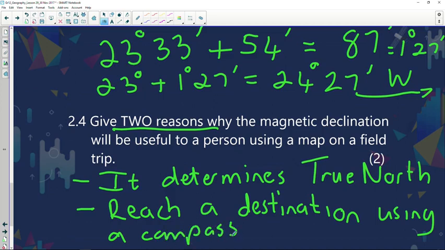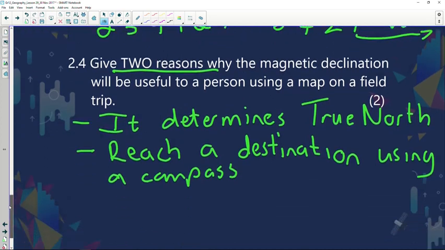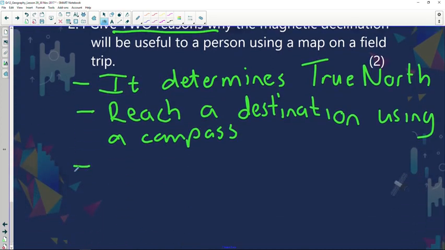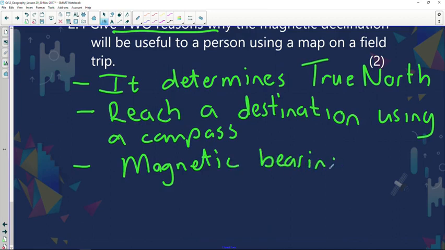Another reason we can add is that with the magnetic declination, we can also calculate the magnetic bearing, very importantly. Okay, let's quickly have a look at our next set of questions.